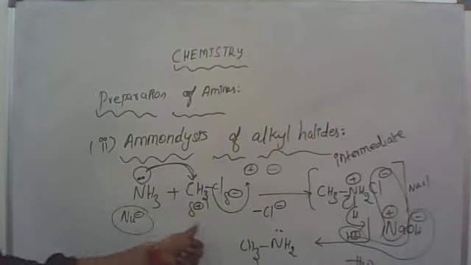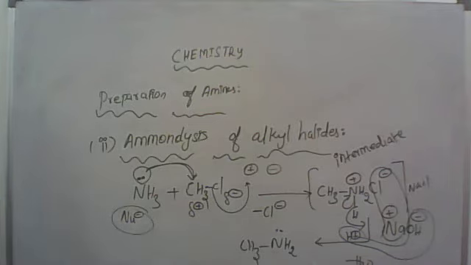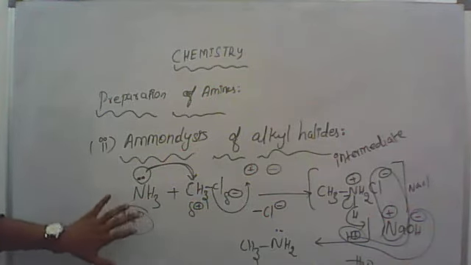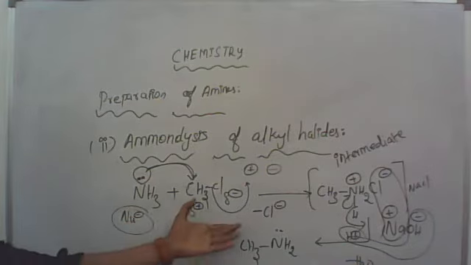So from this process, in the first step, we can synthesize a primary amine. One more time I will explain it here, because it's a very basic step. First, initially we take the starting materials ammonia and alkyl halide.